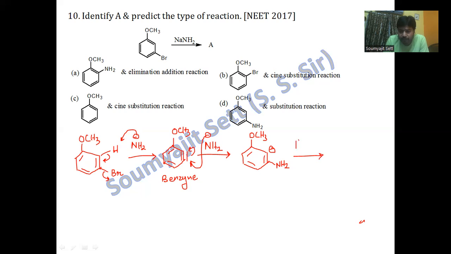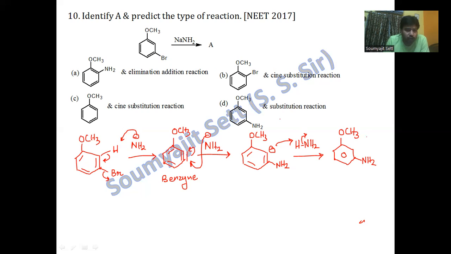After that, from ammonia, it will abstract a proton, and then we will get this kind of product. So here, at the position where Br was present, it has been substituted by NH2.